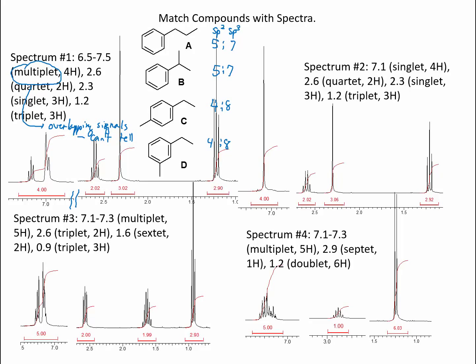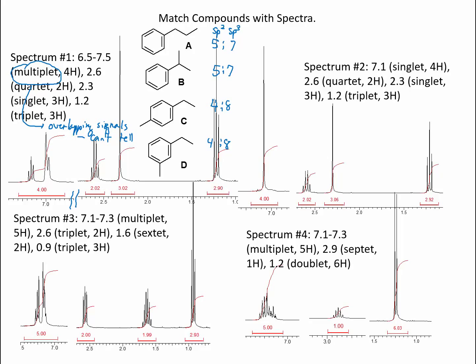All right, so let's look at this first spectrum. We have 4 aromatic signals. Okay, and if we look at our signals in the hydrogens at sp3 carbon, we have a quartet, 2 hydrogens, a singlet, 3 hydrogens, and a triplet, 3 hydrogens.